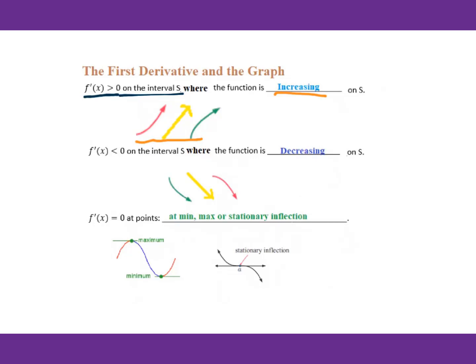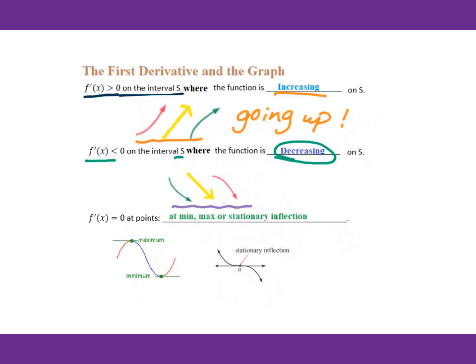From left to right, the graph is going up. And the derivative of the function is less than 0, which means negative, on intervals where the function is decreasing, like these three.